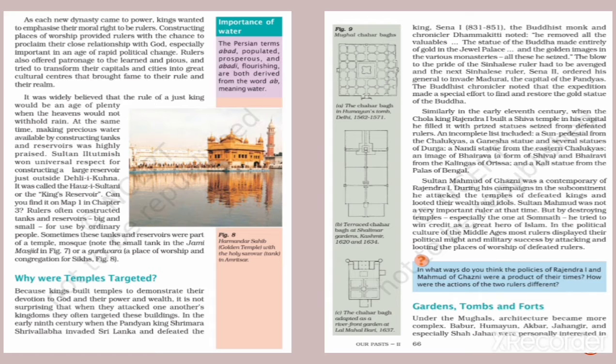The kings emphasized their moral right to be rulers, so they constructed places of worship to establish a close relationship with God. The kings wanted to show they were equal to God, even though they were not God.